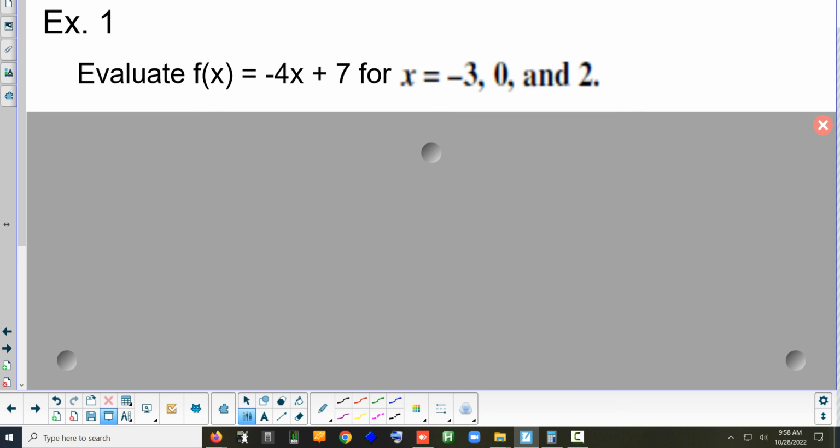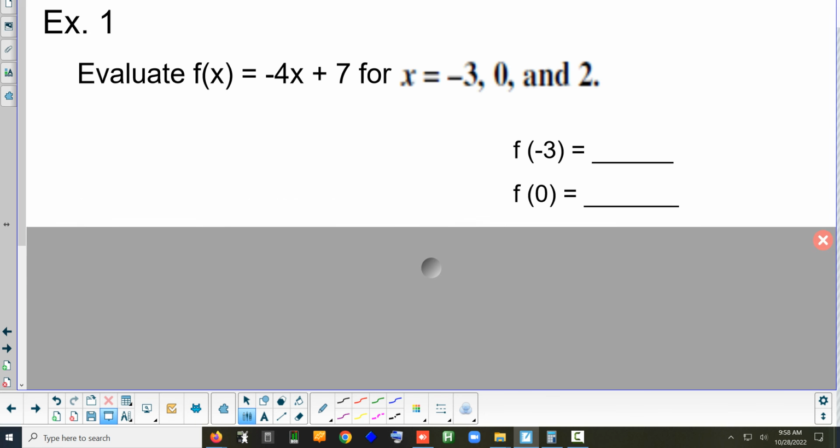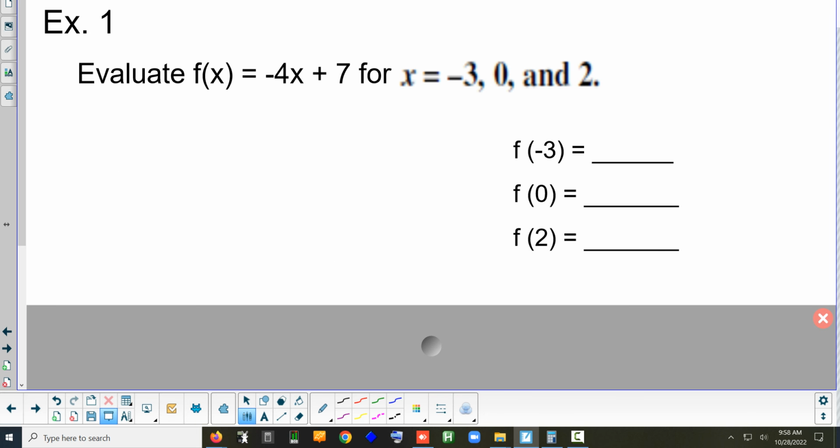About Abby? 3. So it's 3 separate problems. They have nothing to do with each other. They're just 3 separate problems we're going to do. So to evaluate this function at those 3 numbers, and then put your answers right here.